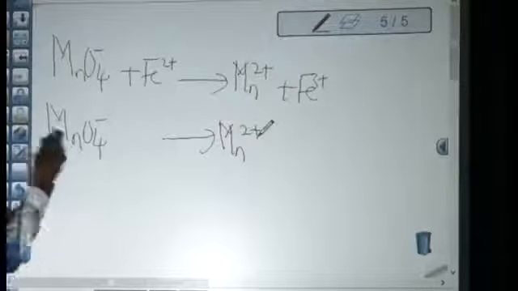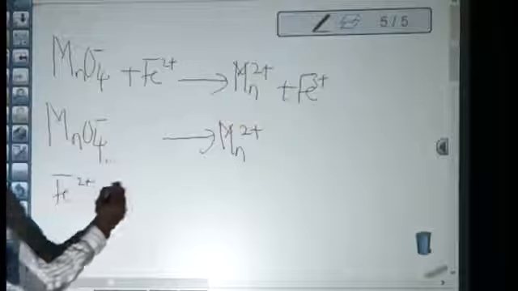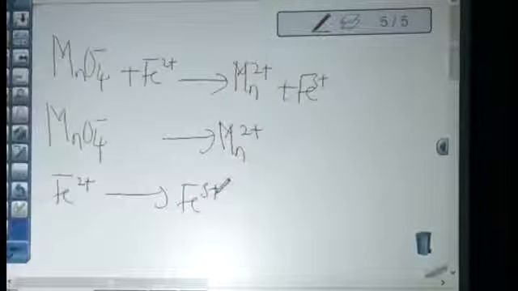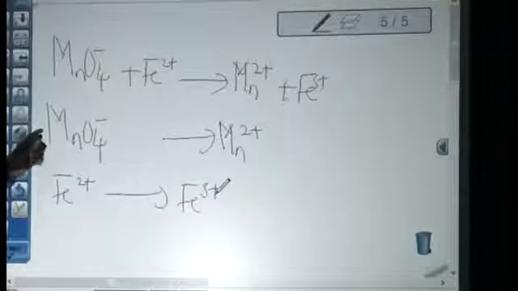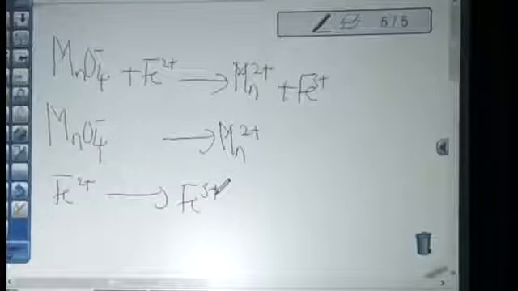Then we have Fe2 plus giving us Fe3 plus. We have broken the equation into two halves. Reduction half equation, oxidation half equation. Let us balance each of the half. How do we balance each of the half?